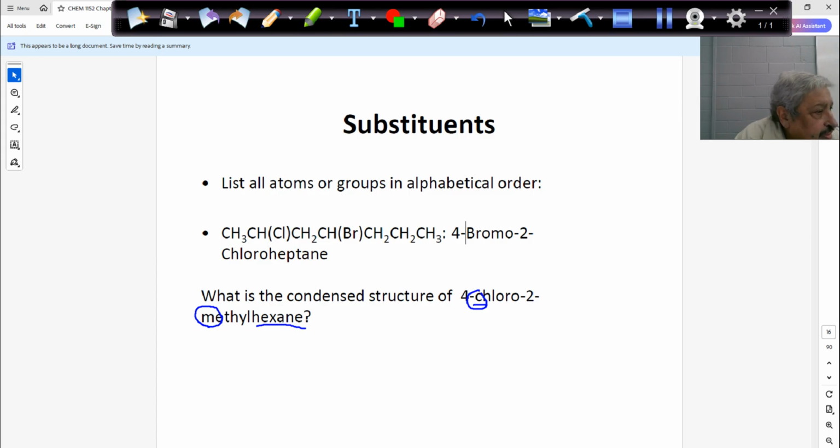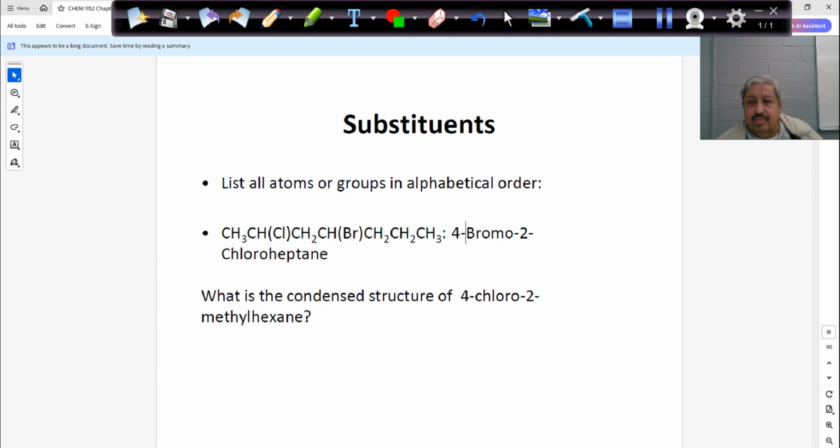Whether it is 4 to 2 or 4 to 6, whatever that is. Are you following me here? So those three items, guys: longest chain, alphabetical priority, and then the combination has to yield the lowest numbering. If you have a larger number, that's not correct according to the IUPAC rules.